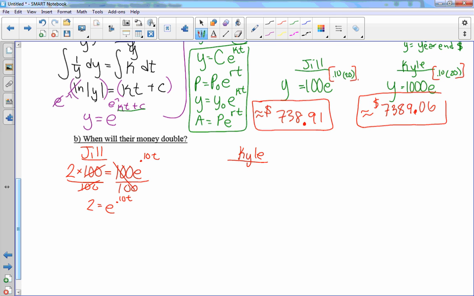So can you guys solve for when will her money double? Yeah, you have to think, how do you get the t out of the exponent?